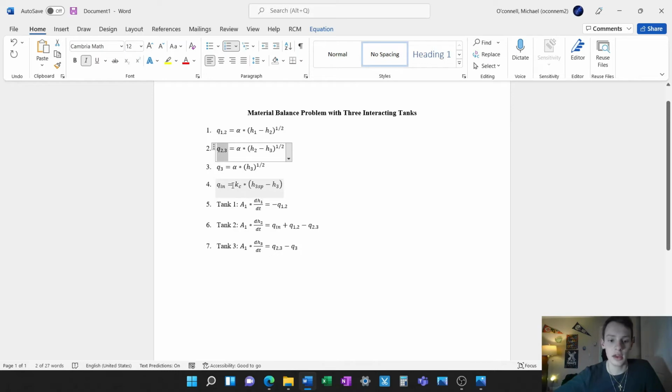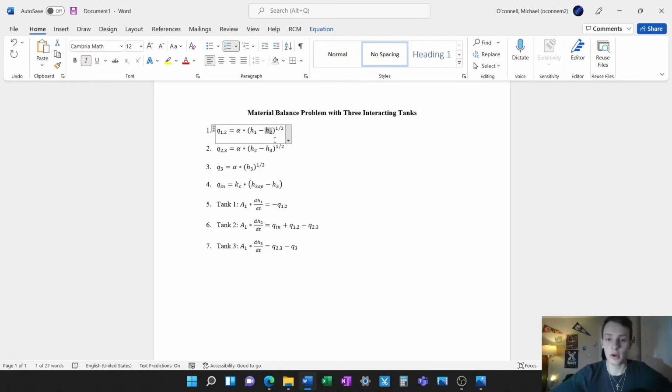And you might be able to catch what's wrong with these equations. As I said, we're taking the flow from tank 1 to tank 2 to be positive. And what that means is that we're going to have the height of fluid in the first tank subtracted from the height of fluid in the second tank, and that's absolutely fine. The problem is that what if the height in the second tank is greater than the height of fluid in the first tank?